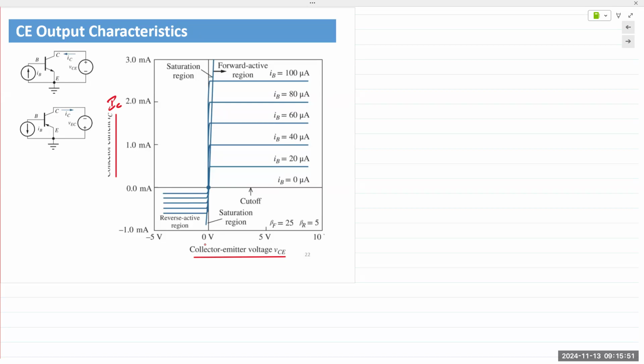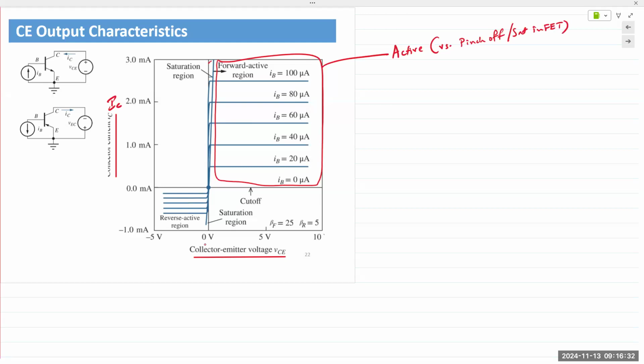Now, compared to an FET, we would call this what region? Pinch off or saturation region, right? In a BJT it is known as the active region versus pinch off or saturation in FET devices.